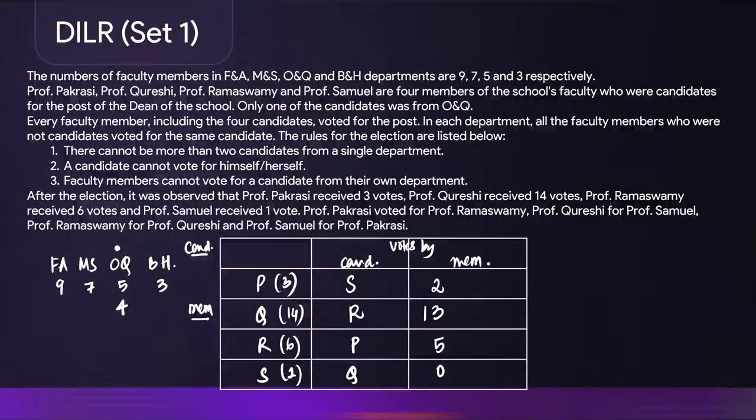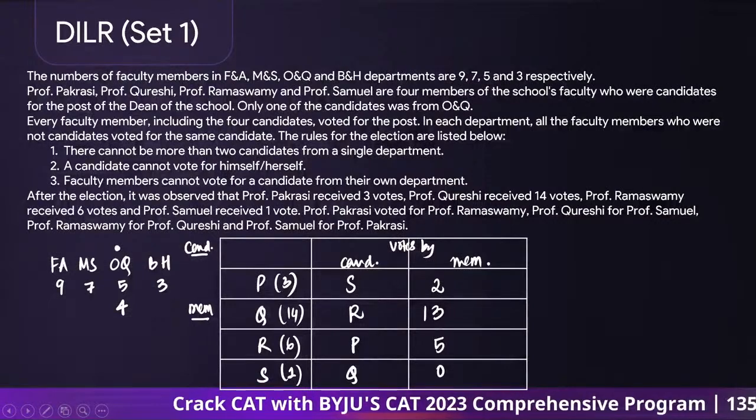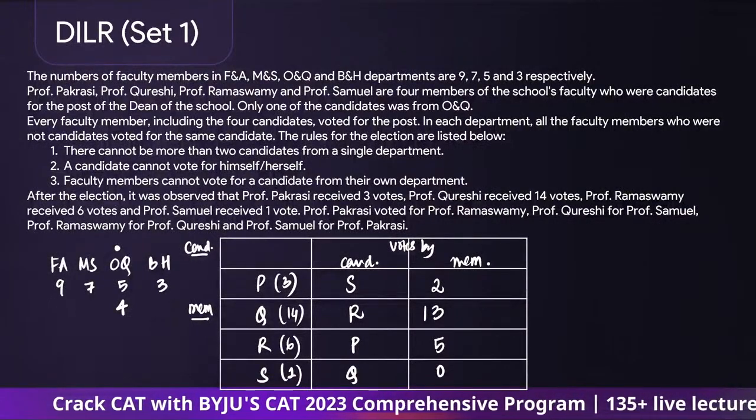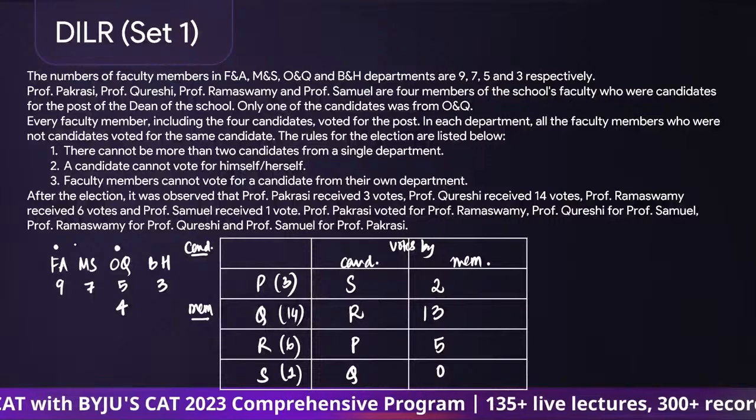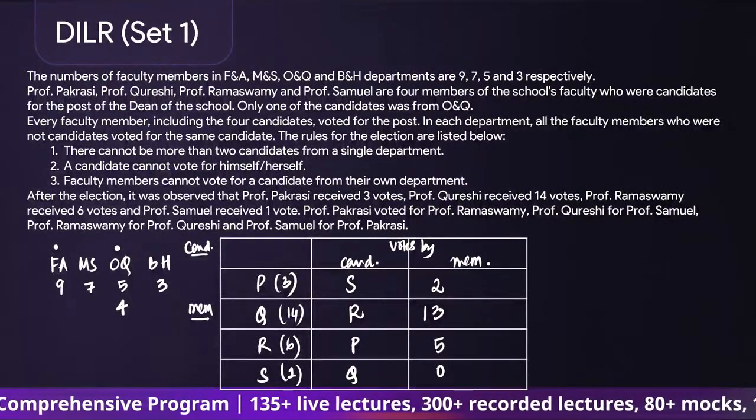Okay. Next, if you look at FA के 9 votes हैं. These 9 members will vote for only Q, assuming that all 9 are members. इस 9 में से suppose if there is one candidate, so 8 पूरा का पूरा इधर जाएगा.